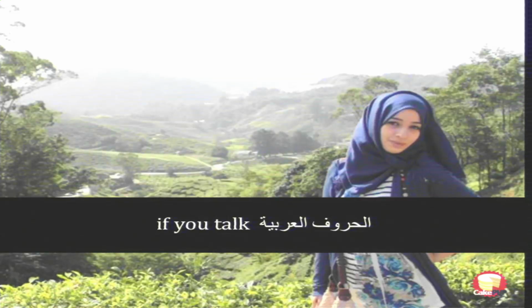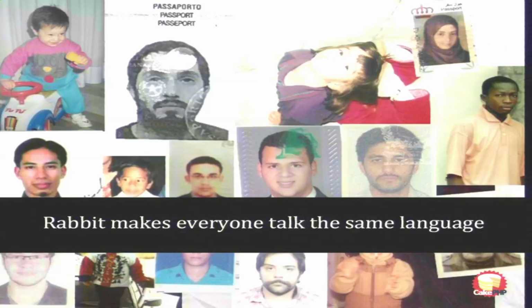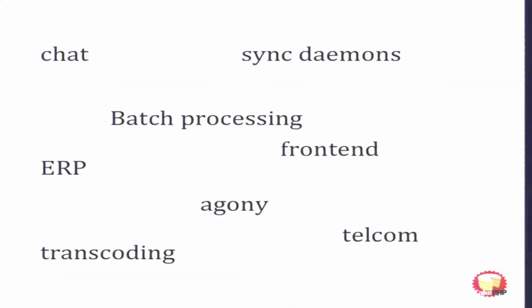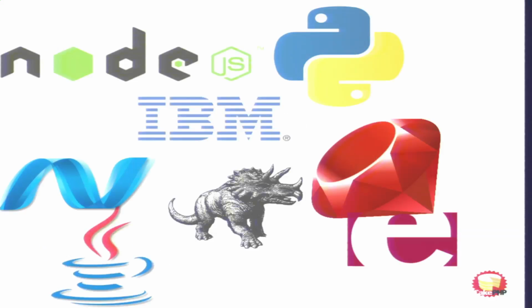At the end of the day, it doesn't matter if you talk some very funny language like COBOL or whatever, because Rabbit makes you talk the same language. You can have a Java chat that sends a notification and a PHP service that processes it. You can have a lot of things in your architecture and use different languages for it, right?